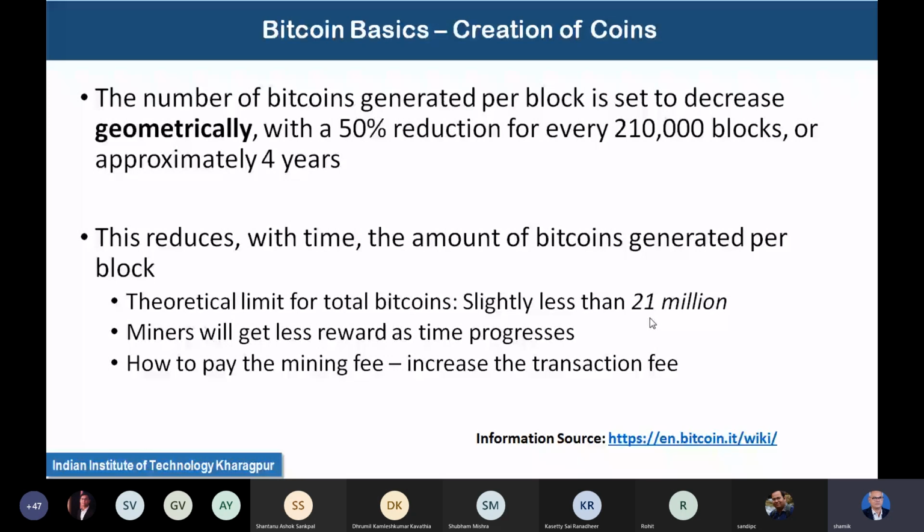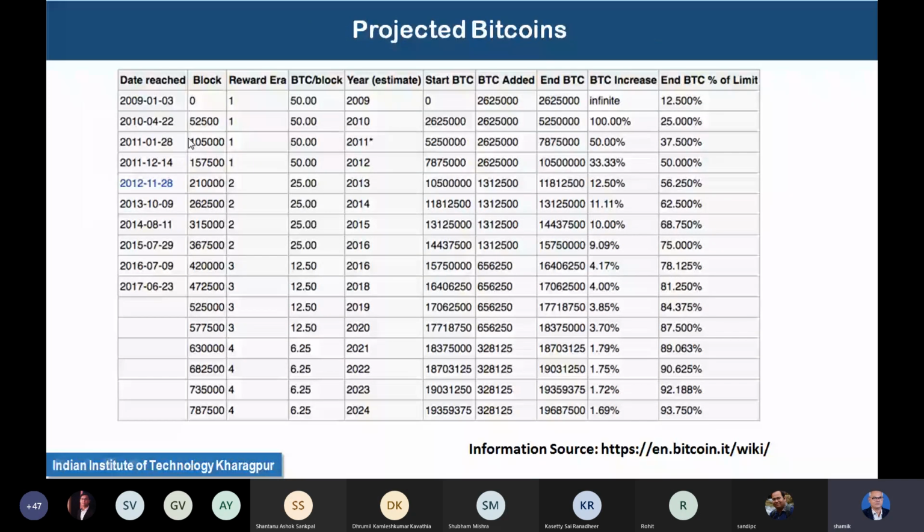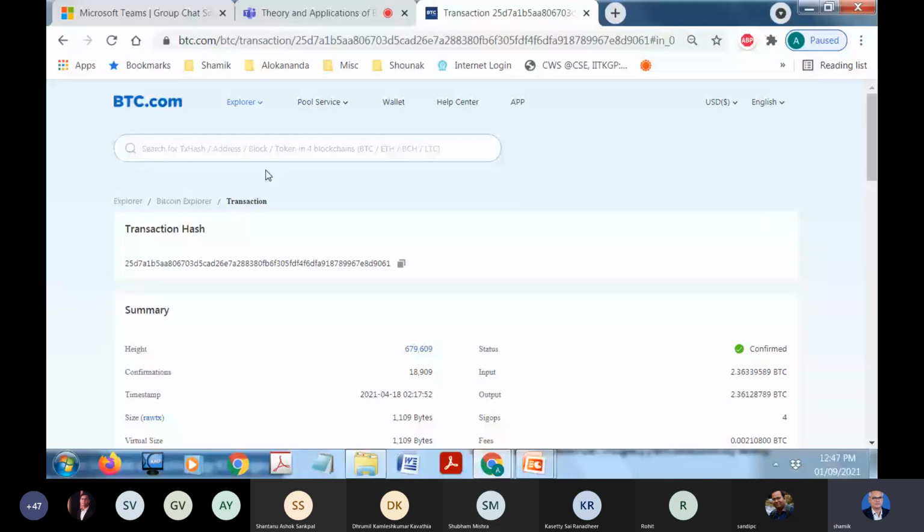Okay, so if we see this example, when the first Bitcoin was mined, I will also show it here so that you get an idea. So let me go to the first Bitcoin, so that you see it here once again for your understanding.